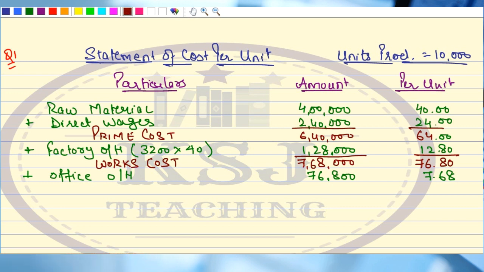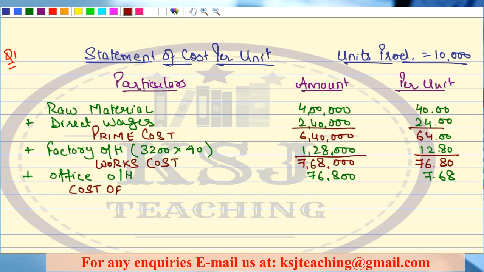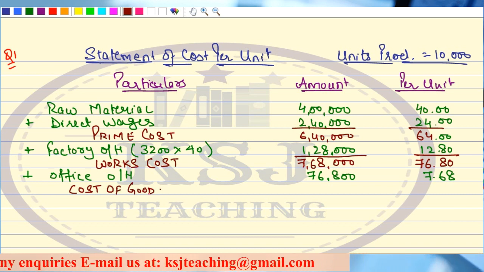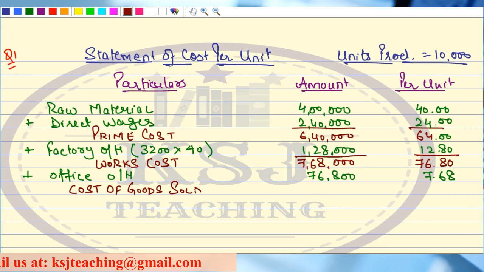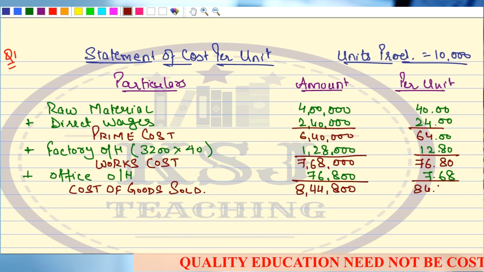Cost of production or cost of goods sold will be the same because there is no adjustment for finished goods, right? So I'll directly write cost of goods sold. This comes to 8,44,800, right? So the cost here is 84.48.